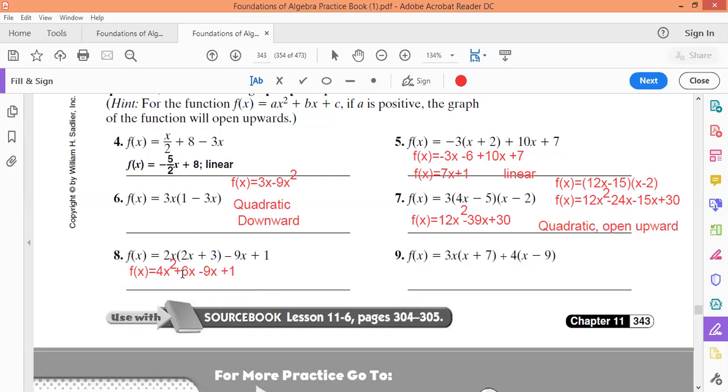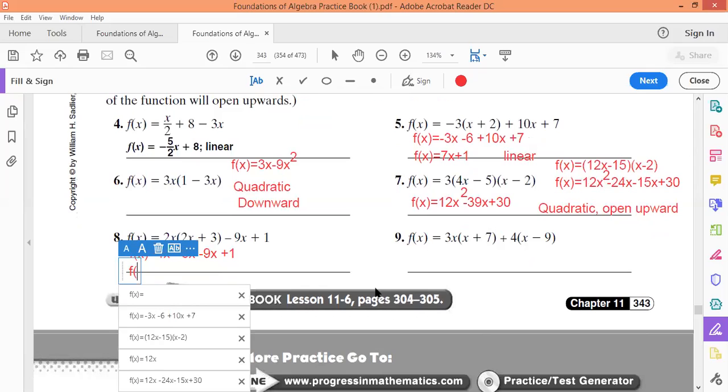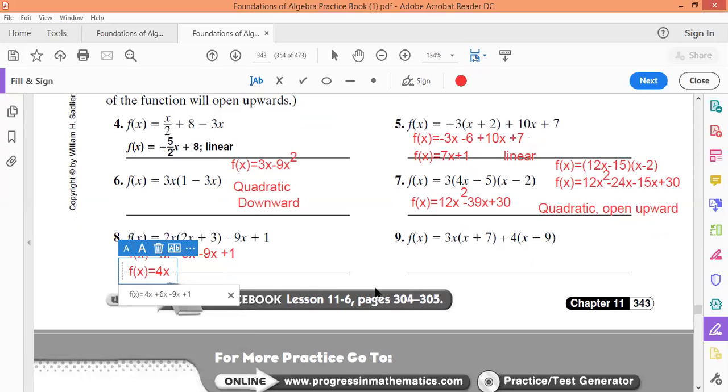So you have x and x, 2x. Simplify this one. What will you have? Negative 3x. f of x is equals to 4x square minus 3x and then plus 1.